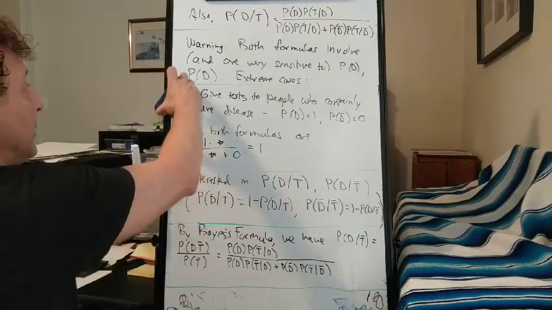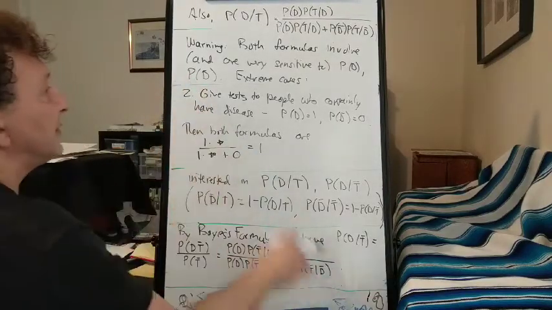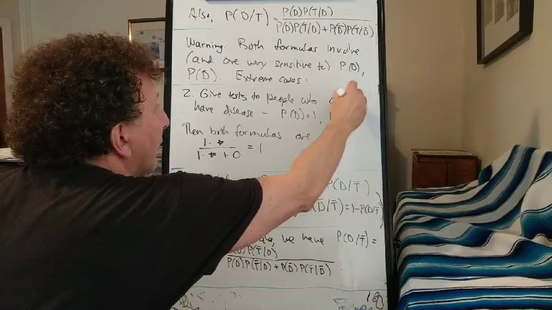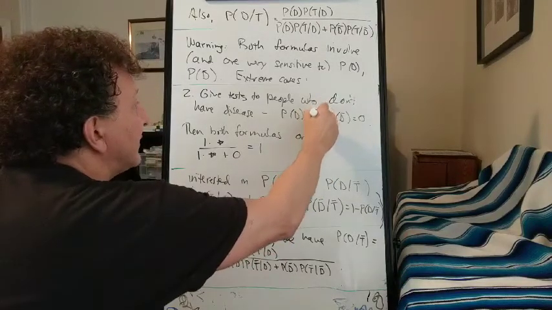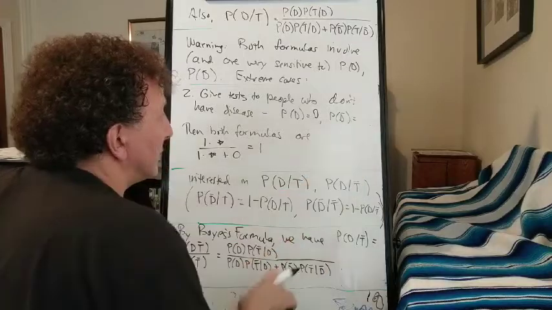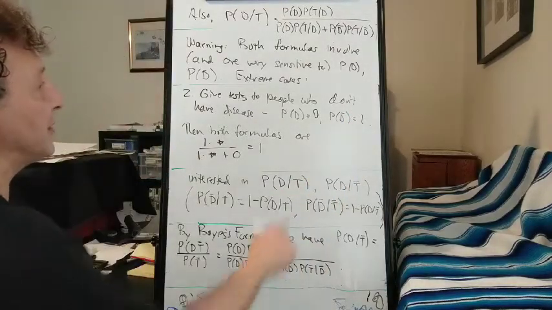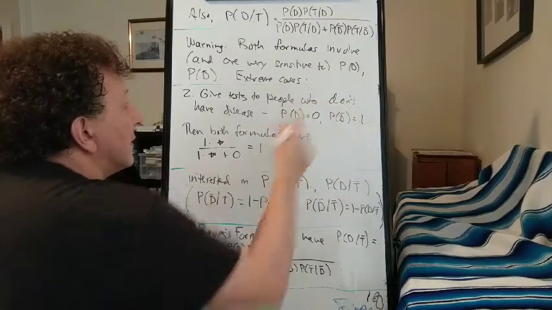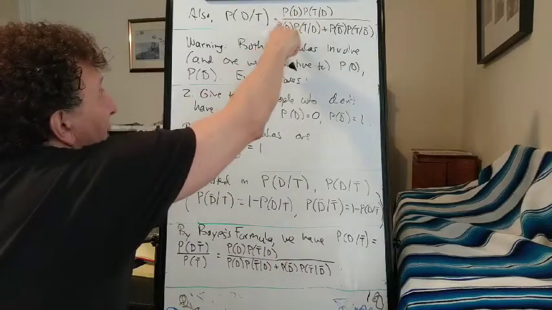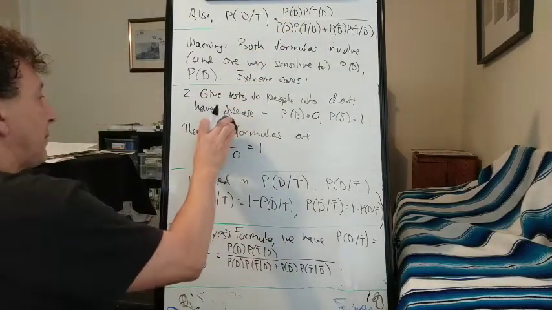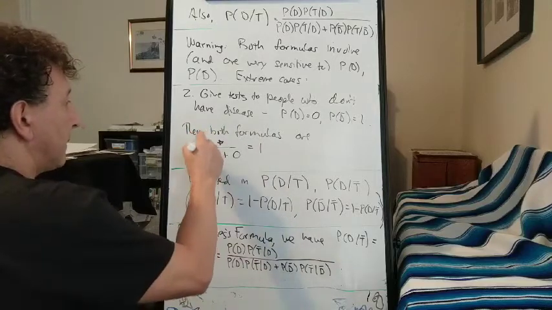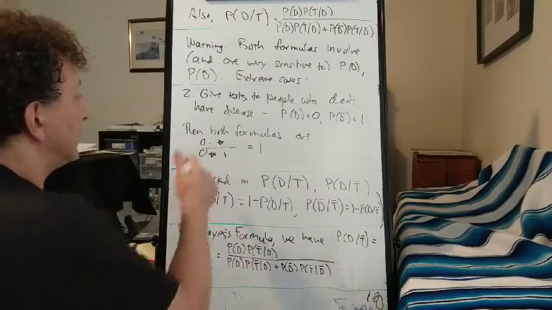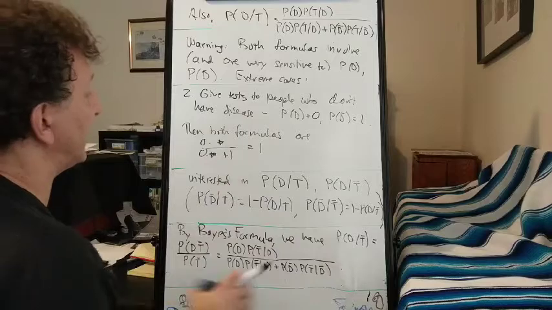Alright, and then in the other extreme, what if we give these tests to people who don't have the disease? Then the probability of having the disease is 0, and the probability of not having the disease is 1. And then both expressions are, probability of D is, that's supposed to be a 0. 0 times something over 0 times something plus 1 times something else, but it doesn't matter.